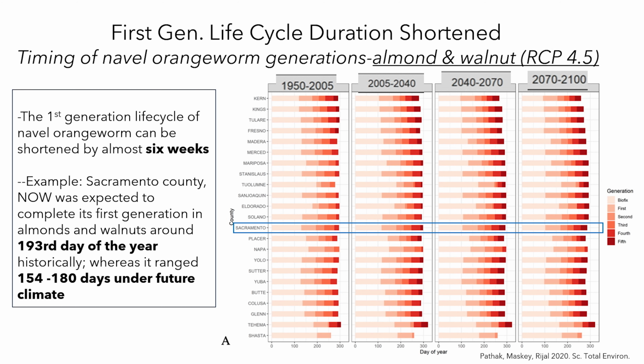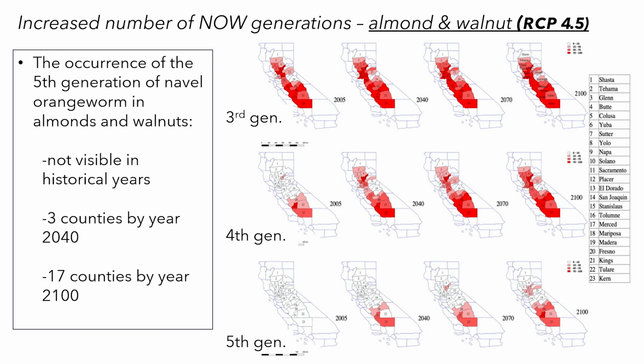Again, there are a lot of examples and counties here, but that's the gist of it. If you look at the number of generations, I mentioned that there are 3 to 4 generations happening in the valley right now.